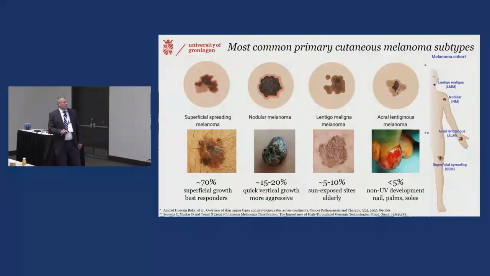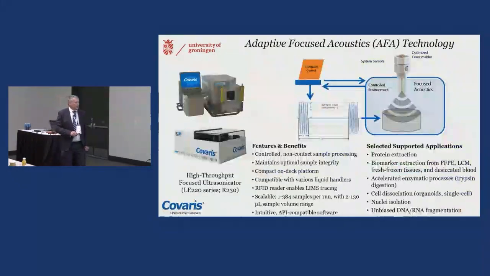And there is one other melanoma which develops on nails, palms, and soles, and it's not related to UV exposure. It represents less than 5%. I am also mentioning it because these very rare forms of melanoma are generally left out from profiling. Now in this study, we take 10 samples from each of these subclasses.